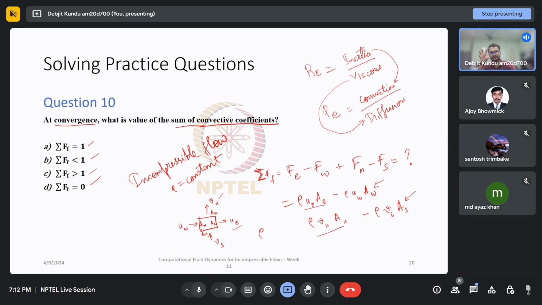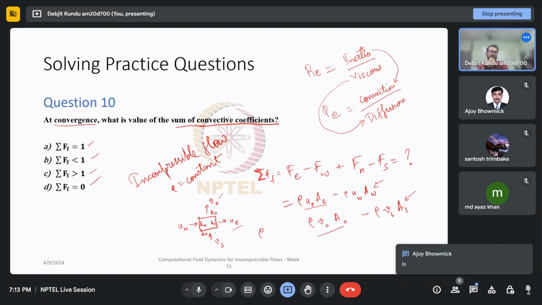So at convergence, what do you think? At a control volume, is there any net influx of fluid or any net outflux of fluid? At convergence, it's actually zero, right?